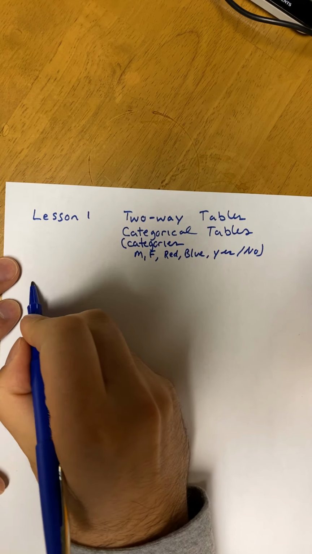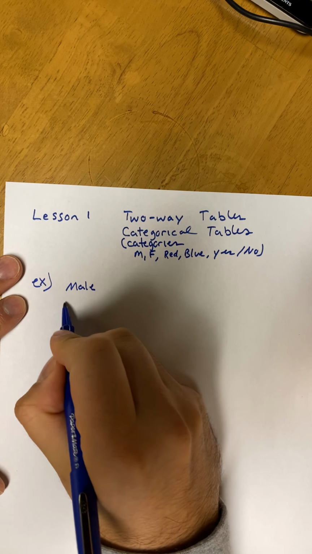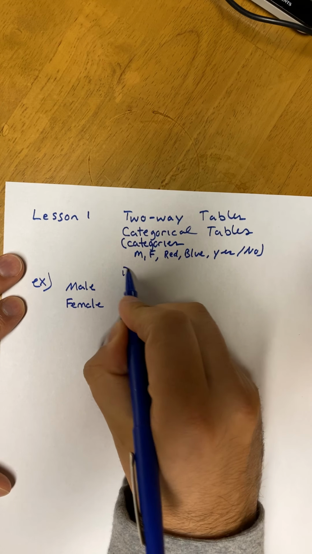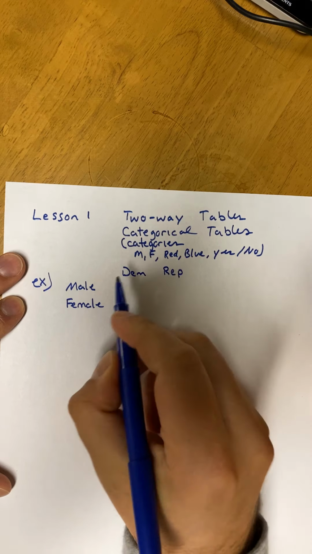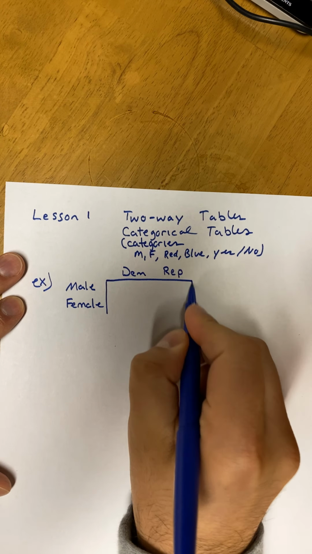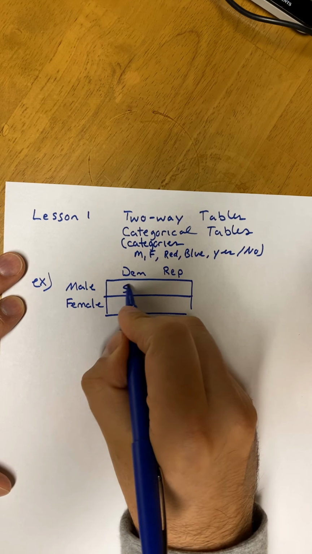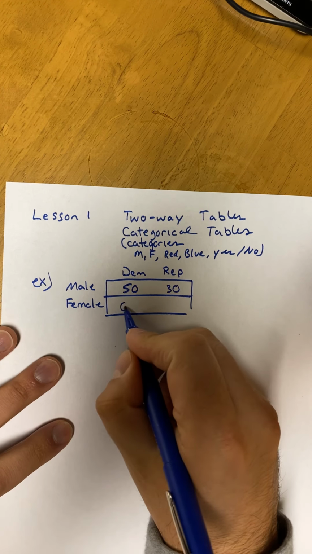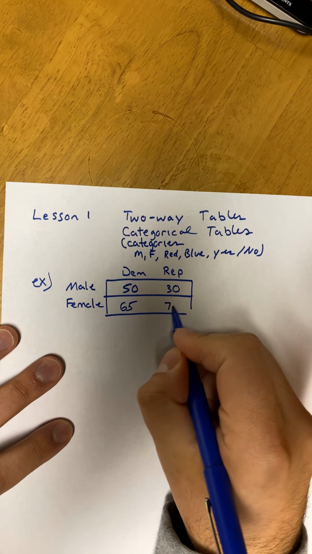So let's say I give you a table. Male, female, Democrat, and Republican. And let me just make up some numbers here. 50, 30, 65, 70.